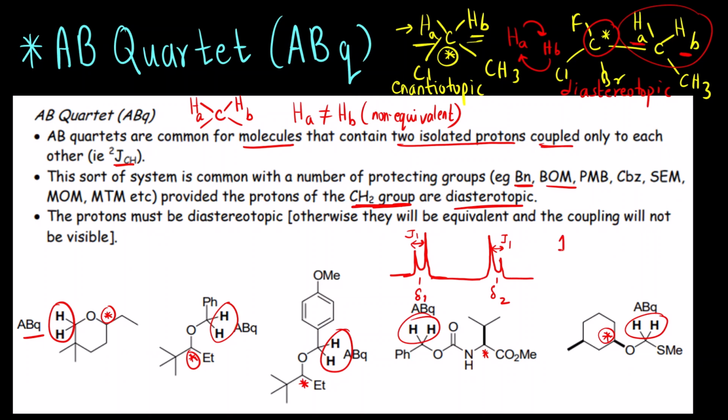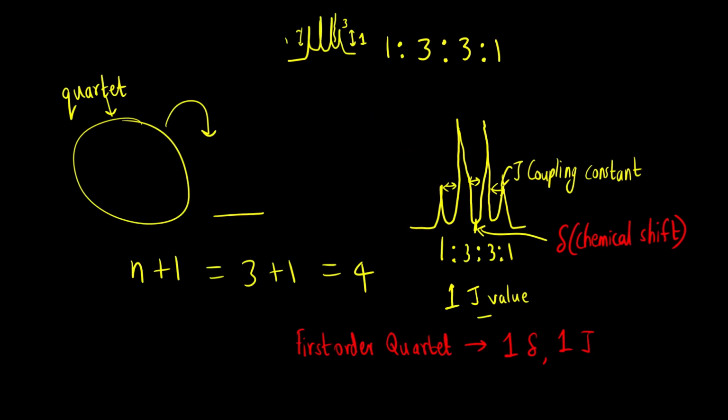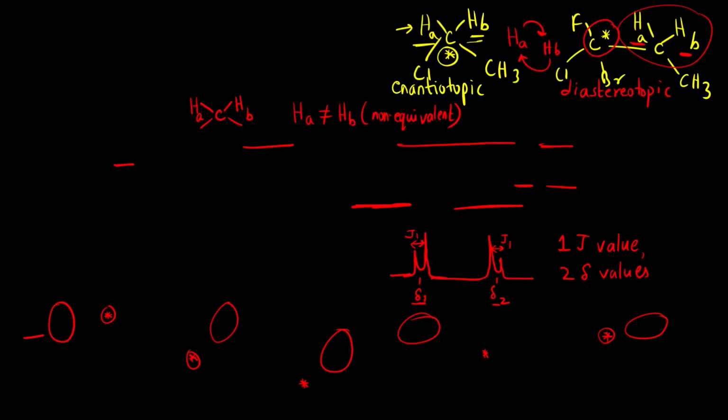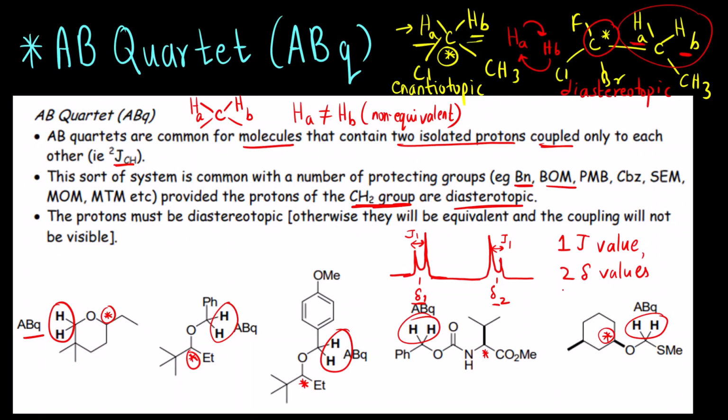So there is one coupling constant value, but you can see there are two different chemical shift values. That is the basic difference between a quartet and an AB quartet: a quartet has one chemical shift and one coupling constant, whereas an AB quartet has one coupling constant but two chemical shift values.